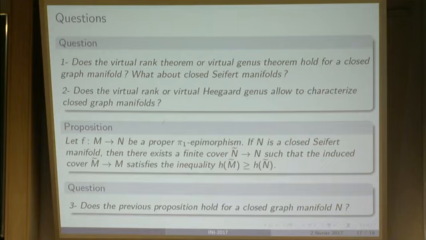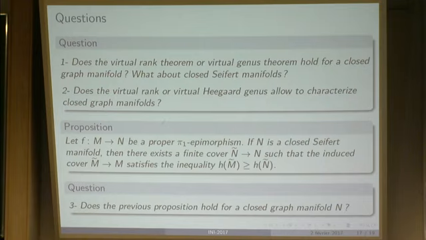So you look at all finite covers and you assume that you know what is the first L2 norm on the homology, and this will characterize graph manifolds. But can you characterize graph manifolds by this virtual rank? This I don't know.